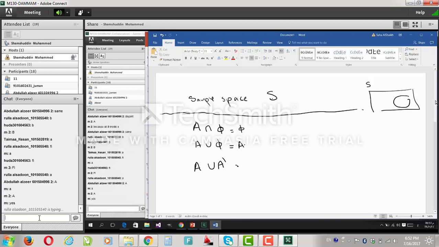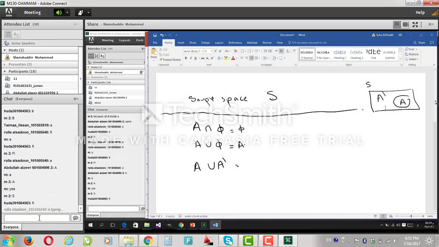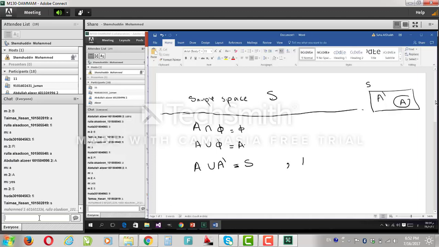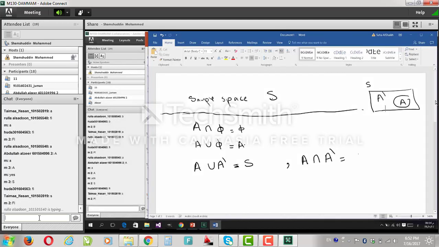We have the S, right? The A, outside the A I have complement. The union of A with A complement is what? The whole S, right. Now if I intersect A with its complement, what do you think? It's nothing, it's the phi.